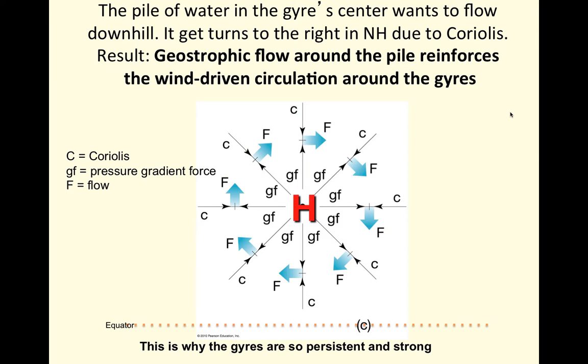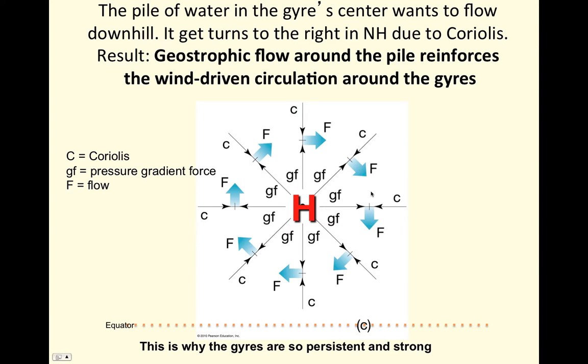So in the center of the subtropical gyres, where Ekman transport has piled a bunch of warm surface water in the center, creating relatively high pressure in the ocean, the pile of water wants to flow downhill away from that high pressure anomaly. As it tries to do so, it gets turned to its right in the northern hemisphere due to Coriolis.